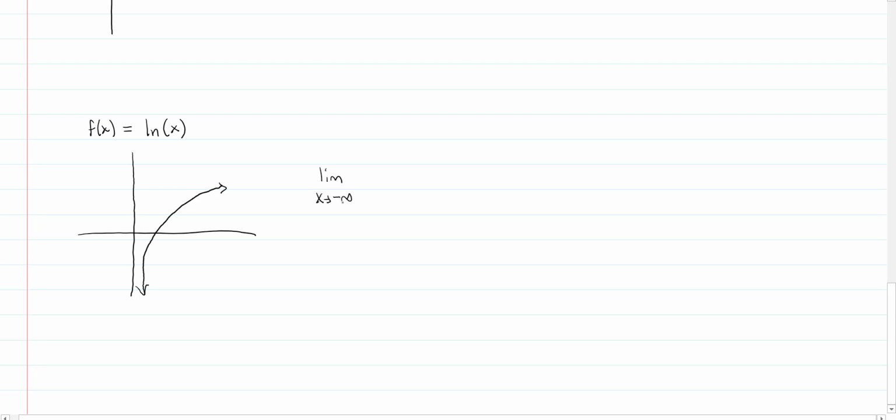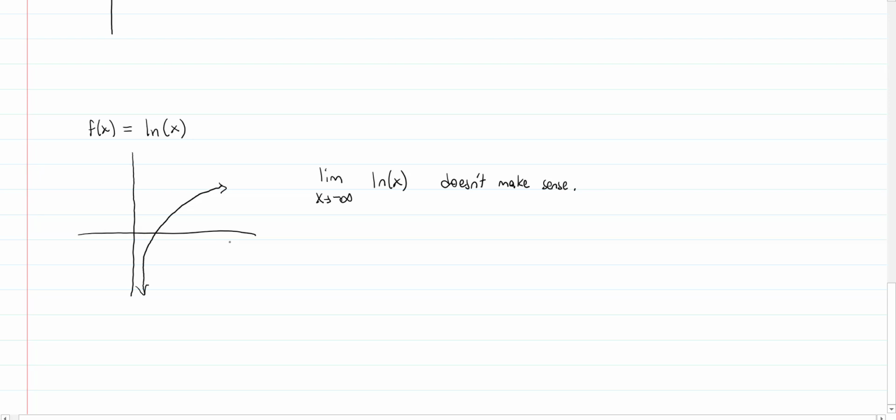The first thing to maybe note is the limit as x approaches negative infinity doesn't even make sense, because the domain of the natural log function, it's only defined for positive x values.